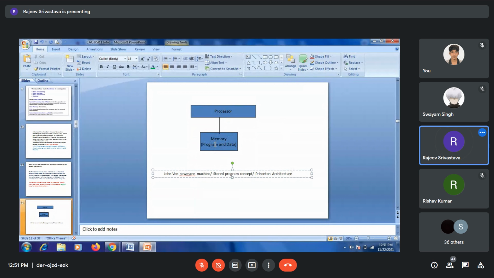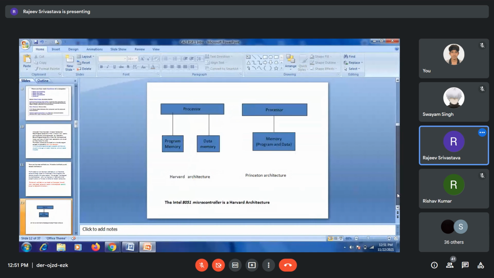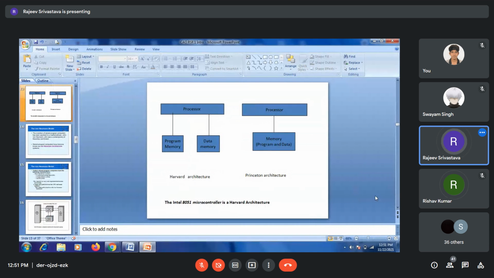And program and data share the same memory in the John von Neumann machine. So actually these three terms, John von Neumann, stored program, and Princeton, generally refer to the same concept in which the program and data share the same memory.